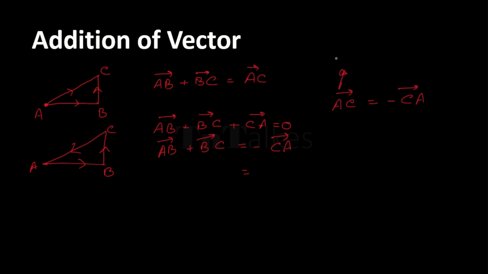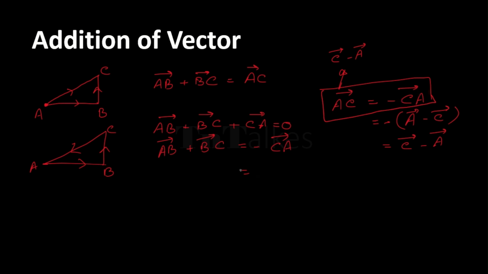AC equals to C minus A. So here A minus C. So AC equals to minus CA. So we can write AB plus BC equals to AC.